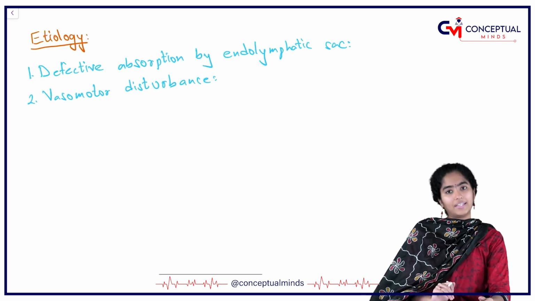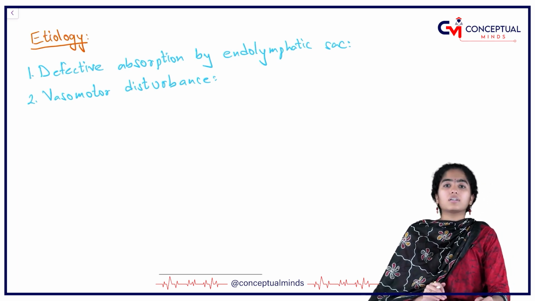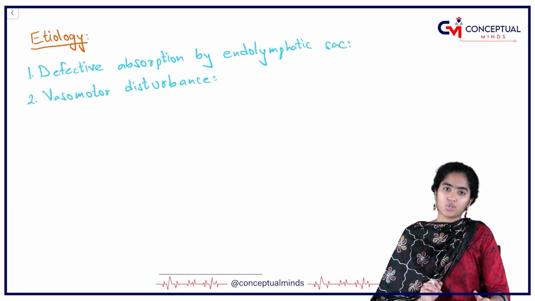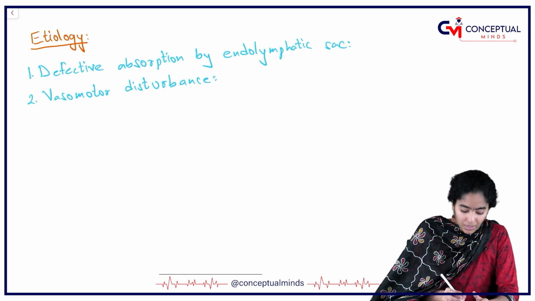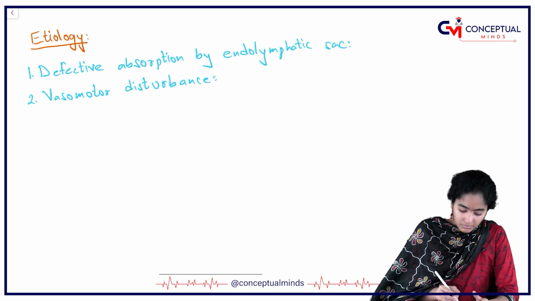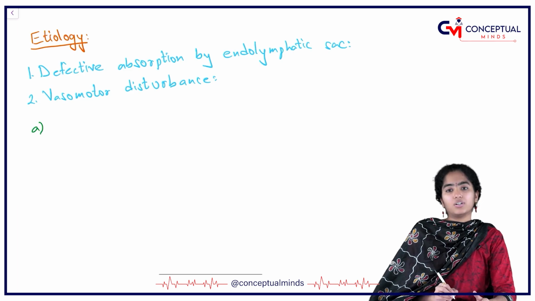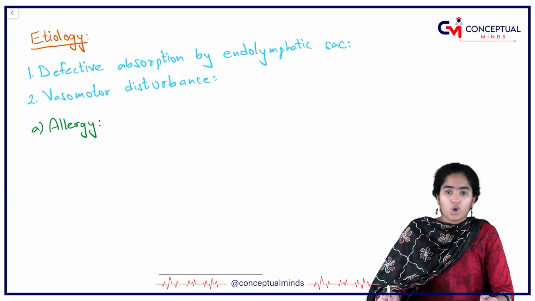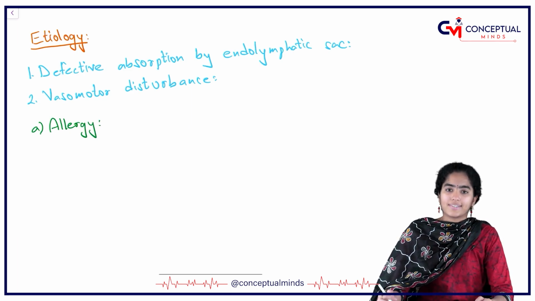So these are the two main theories, and there are various other coincidences that have been observed that could be related to the pathophysiology of Meniere's disease. One of them is allergy. Why was allergy thought to be related to Meniere's disease?